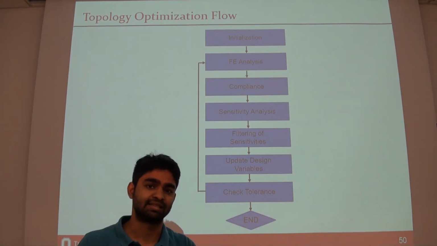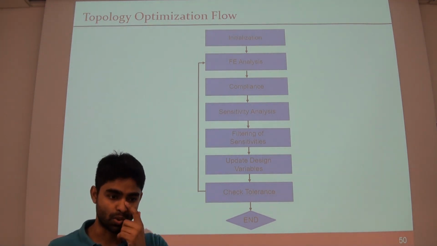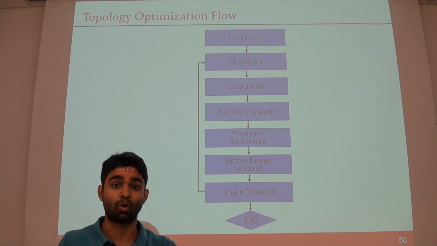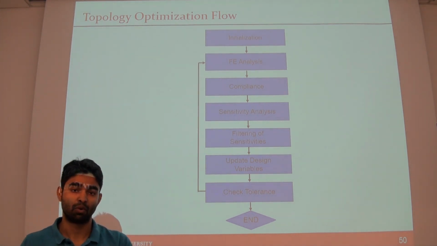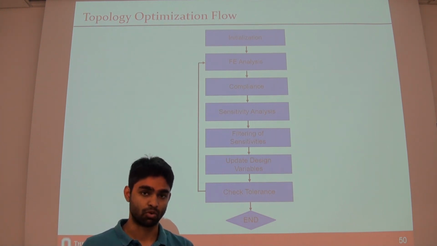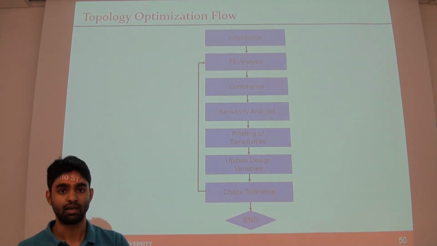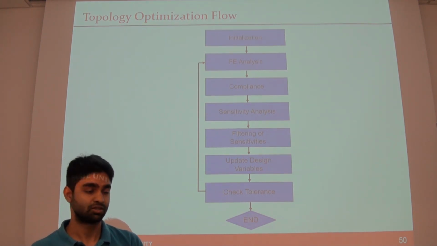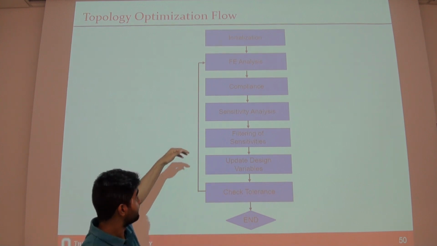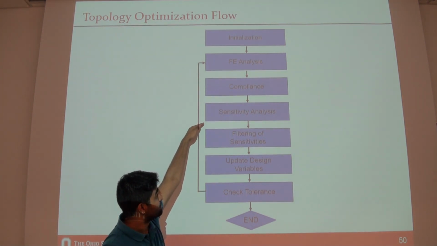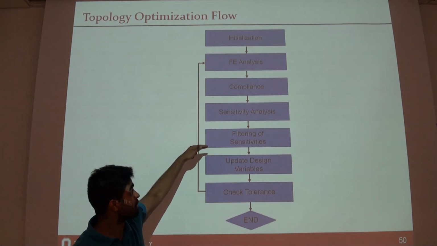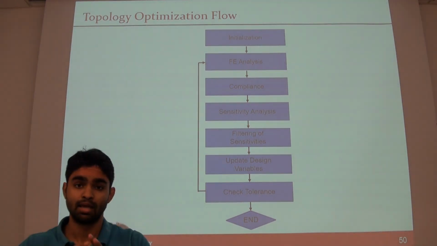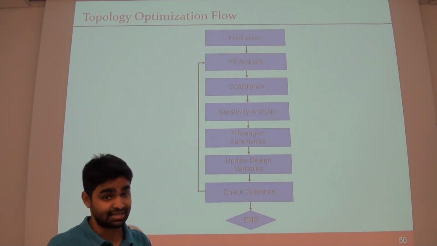Then we perform the sensitivity analysis to compute which design parameters or densities in our case are influencing the objective function more, so that we can get rid of the lesser influence. Then once we perform the analysis, we go on to filter the whole design domain based on the sensitivities.